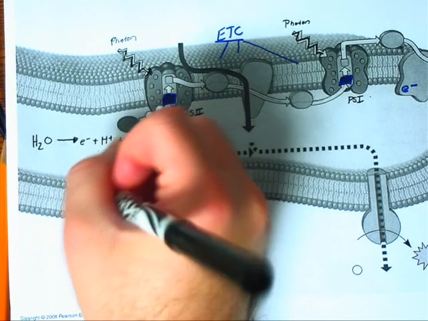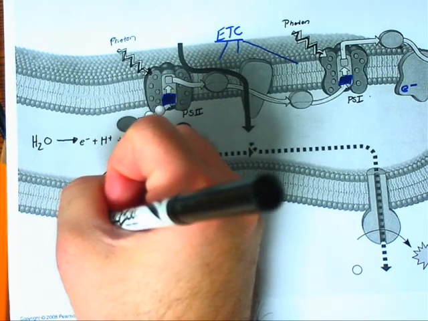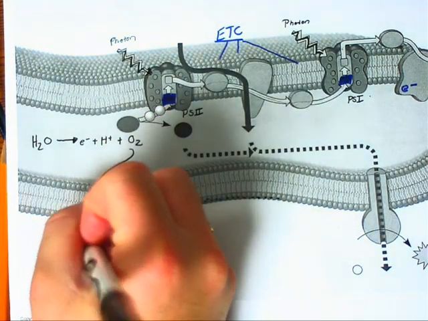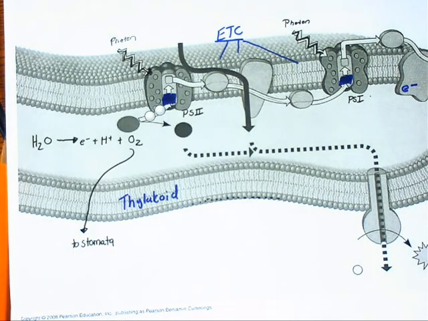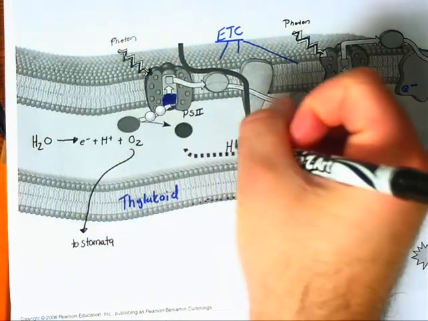Now plants respire O2, so that goes out through the stomata. And you have a buildup of H pluses on the inside.